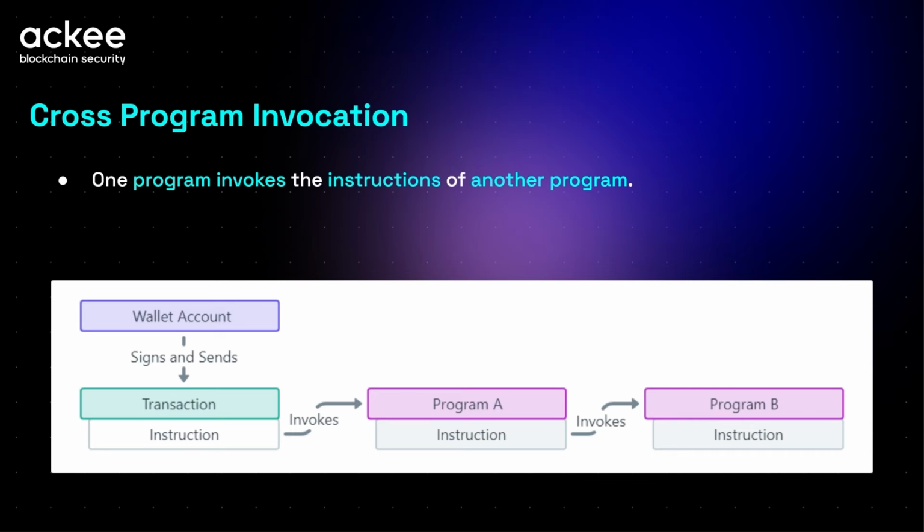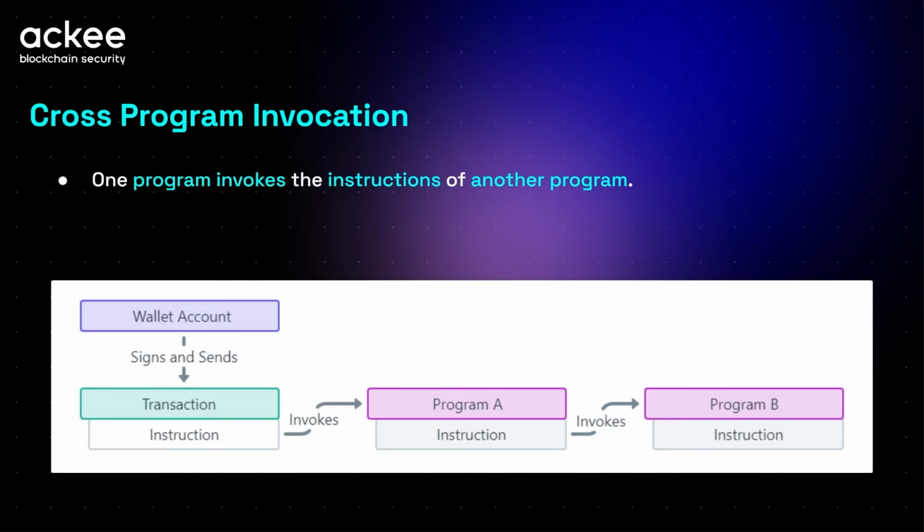You take the wallet account, you sign the transaction and send it to the network. This transaction contains one or more instructions, and what it actually does is invoke program A on the validator.